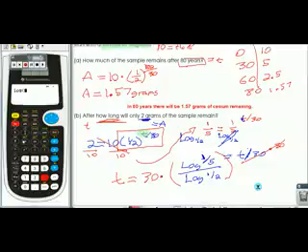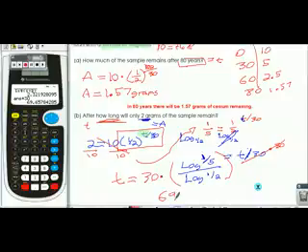So my logs, I have log 1/5, which is 1 divided by 5, over log 1/2, 1 divided by 2, hit enter, get 2.32, and then the last thing I have to do is to multiply by 30. So I got 69.657. So 69.66 years.